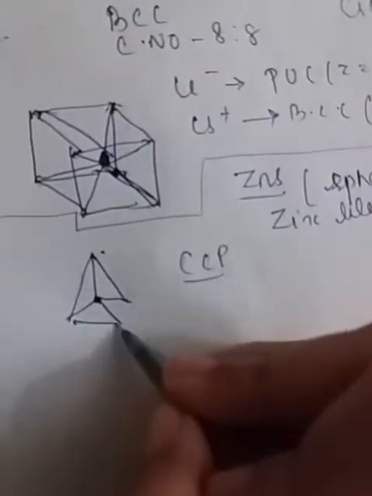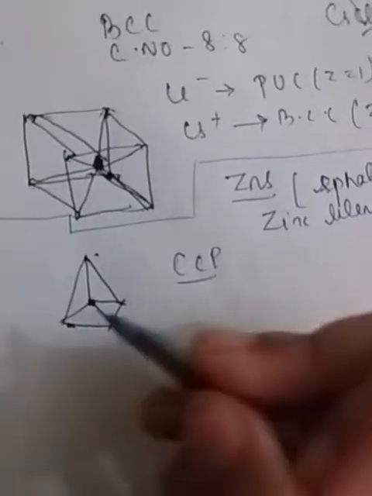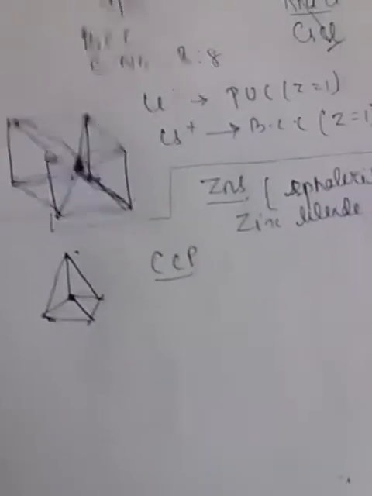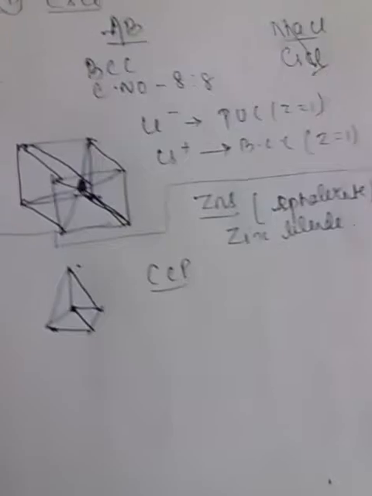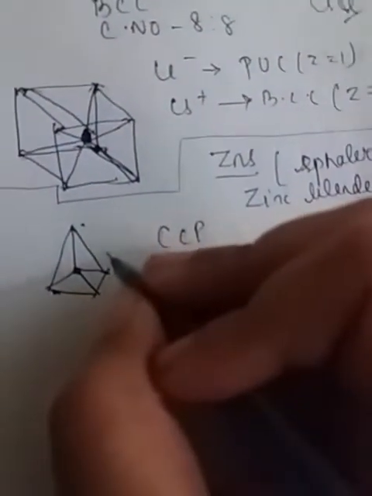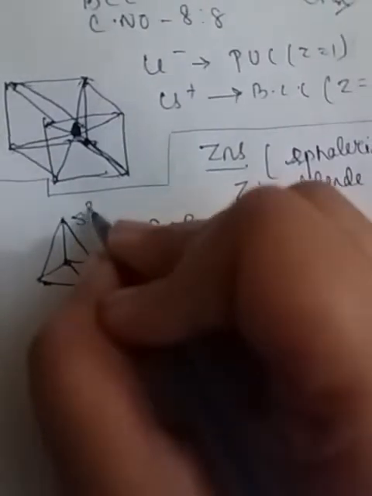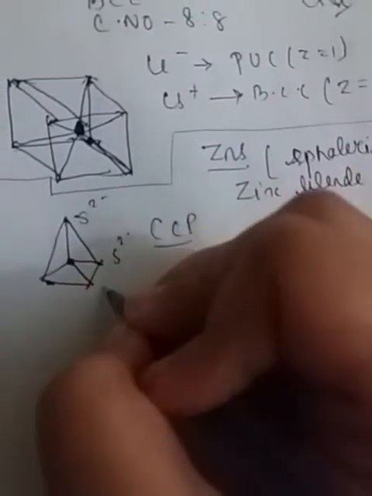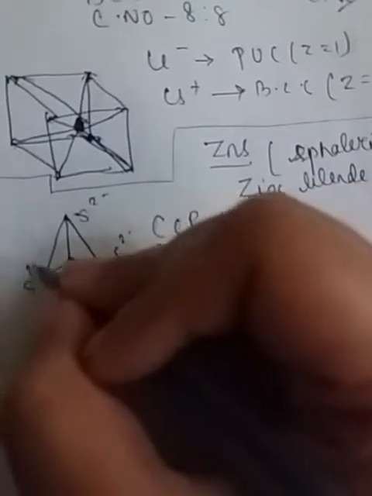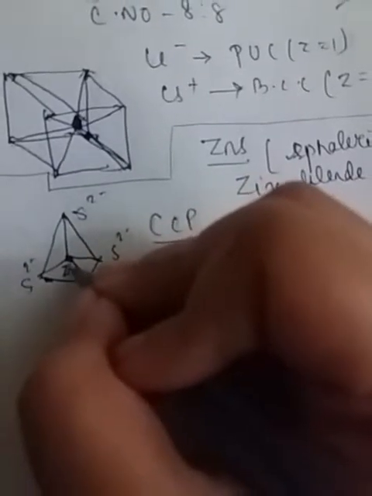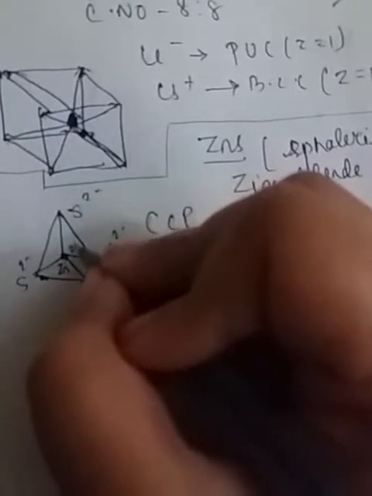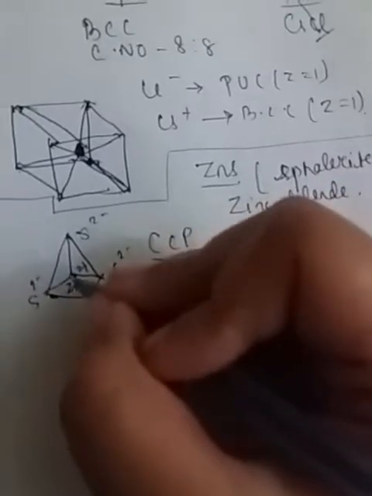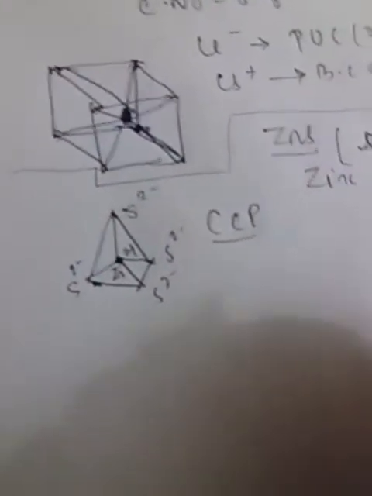So this is the tetrahedral arrangement, and it's saying that each Zn2 plus ion is surrounded by 4 S2 minus tetrahedrally. The center one is Zn2 plus and the surrounding atoms are S2 minus.